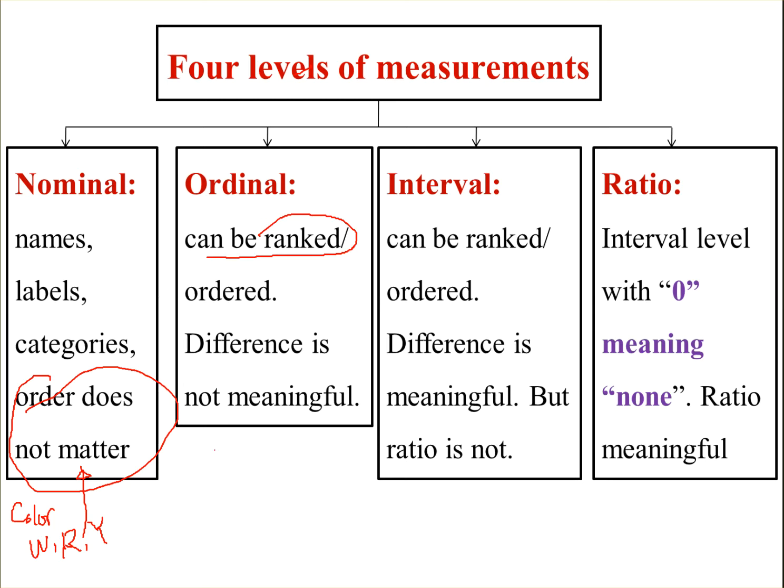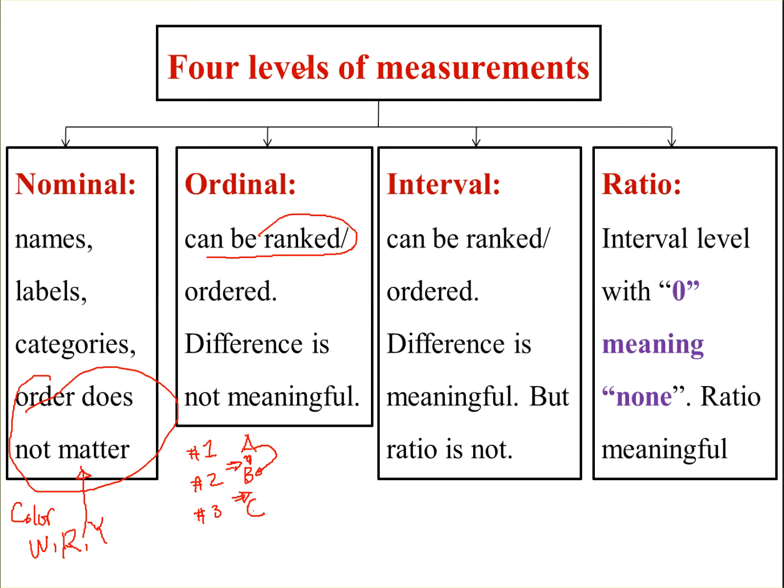For instance, if you look at those college ranks, college rank number 1, say college A, and number 2, college B, and number 3, college C. Now, college A is ranked higher than B. However, how much difference between these 2 colleges is not known.